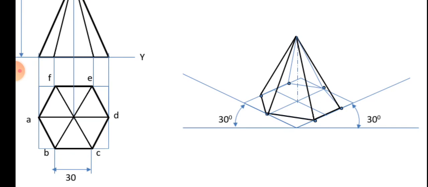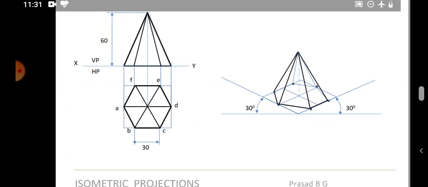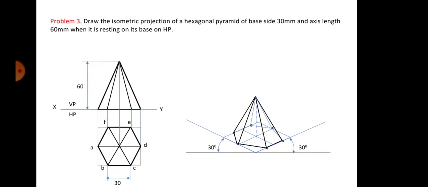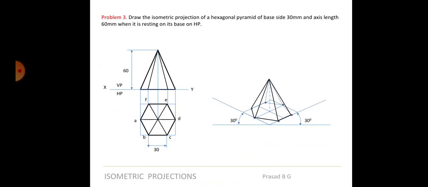But whatever portion is visible has to be made very dark. So that will complete this drawing. If you want to do the namings, you can do A, B, C, and D and E are not visible.